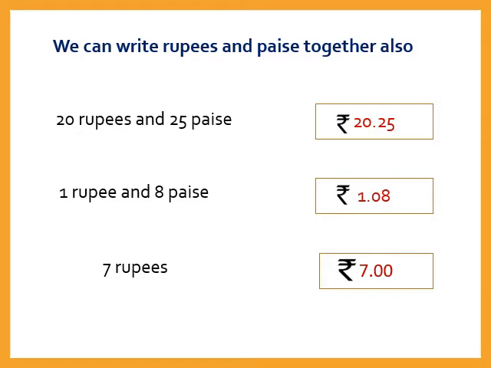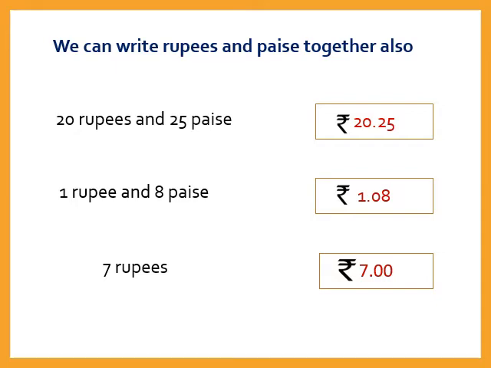We can write rupees and paise in words and in figures also. Suppose 20 rupees and 25 paise will be written as, first we will put the symbol of rupees, then 20 dot 25. We put a dot or a point in between rupees and paise.